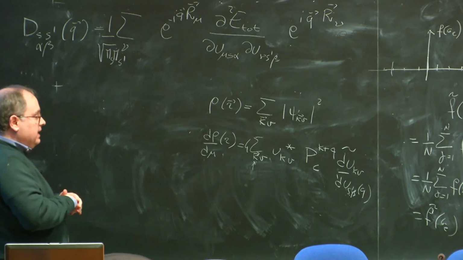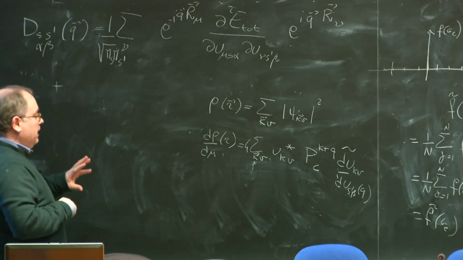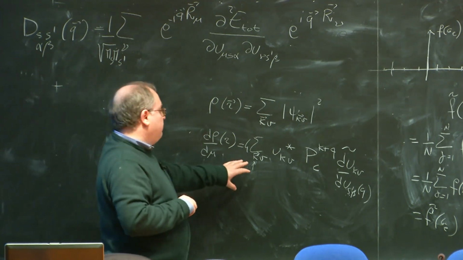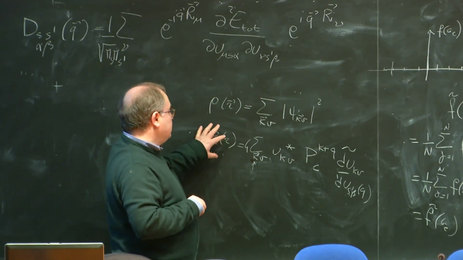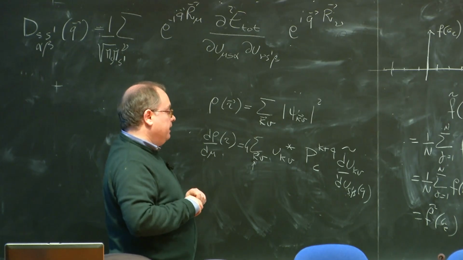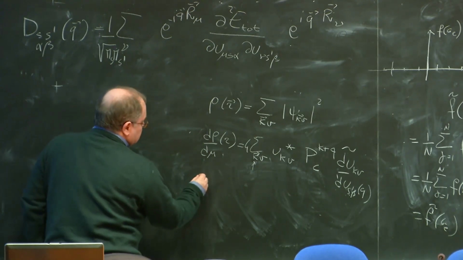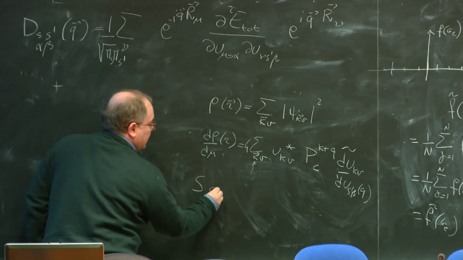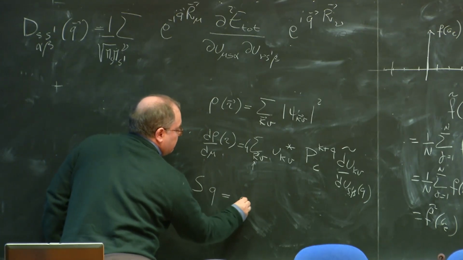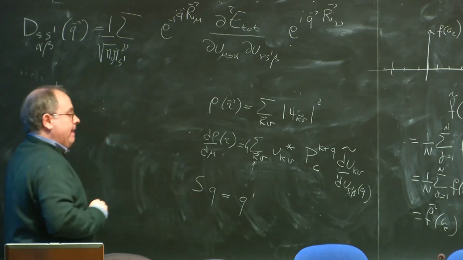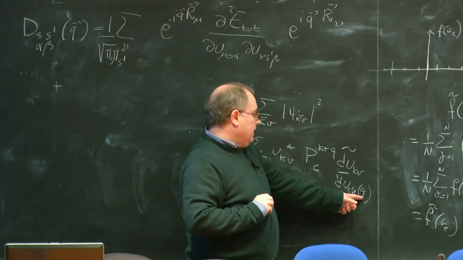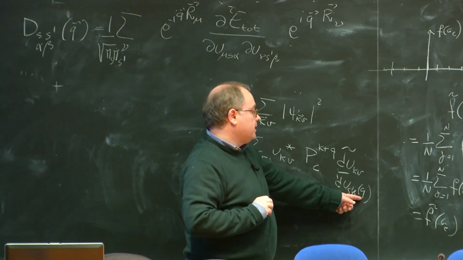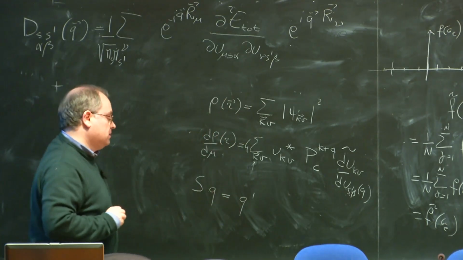The problem is that if we want to use the full symmetry of the point group to calculate this change of the charge density, there might be some symmetry operation that when applied to a q gives a different q. And so in this case, we would need the perturbation with respect to rotated q vectors.